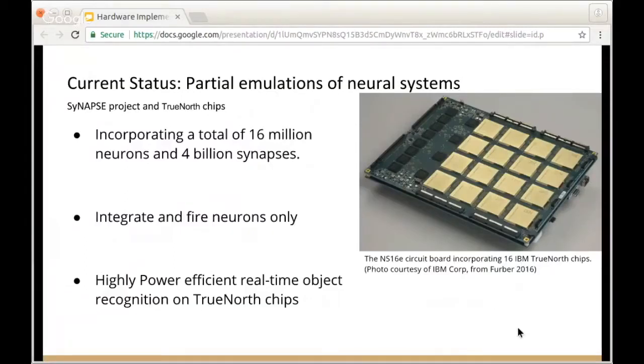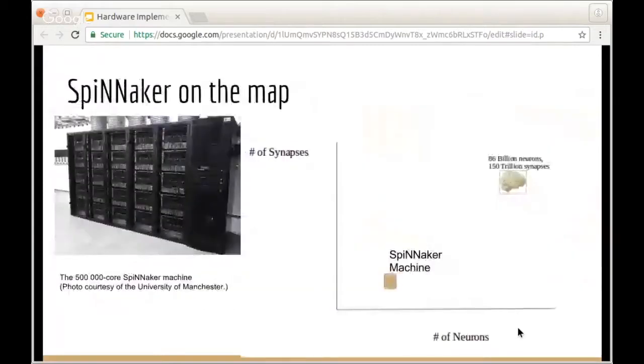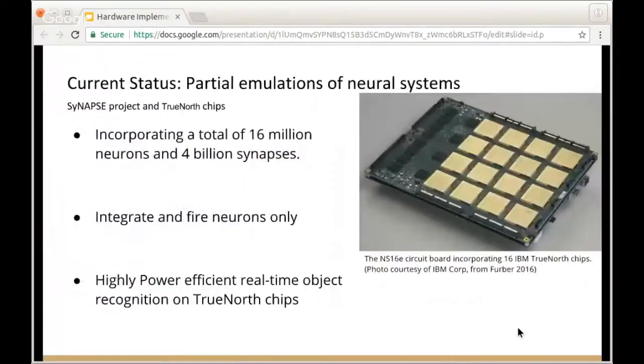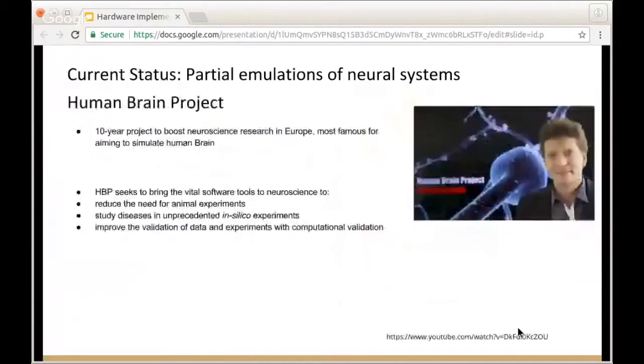But the limitation of this chip is that the programmer can only use integrate-and-fire neurons, while in a SpiNNaker system you could program your own neuron, or use Hodgkin-Huxley neurons or integrate-and-fire neurons. More than any other neuromorphic system we talked about, this system had been designed for applications, and it has shown good results in power-efficient real-time object recognition.